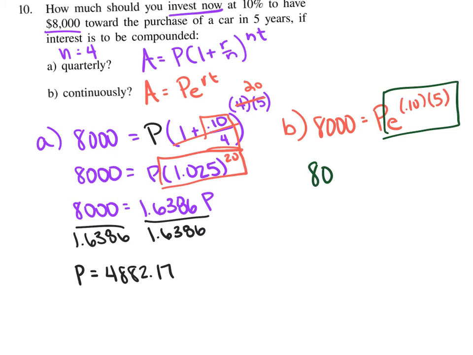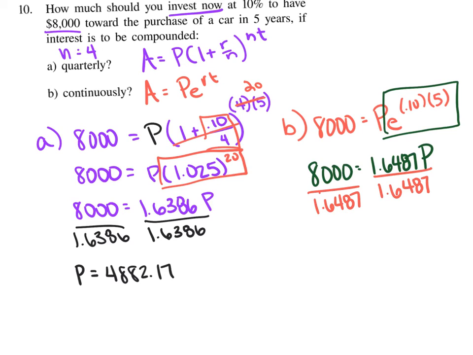So I'm going to write that out as 8,000 is equal to 1.6487 P. And again, I'm using that 1.6487 as a visual representation, but we know that that's not the number in my calculator. Use your calculator for this. And then from here, all I have to do is divide both sides by the number in front of P to get P by itself. So I divide 8,000 by the number in my calculator.